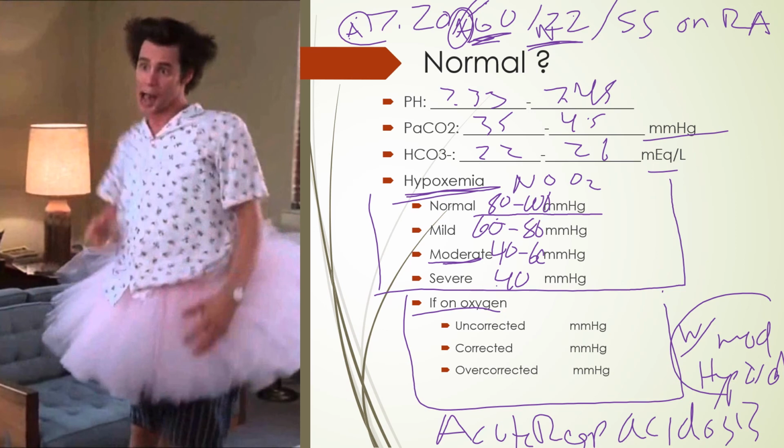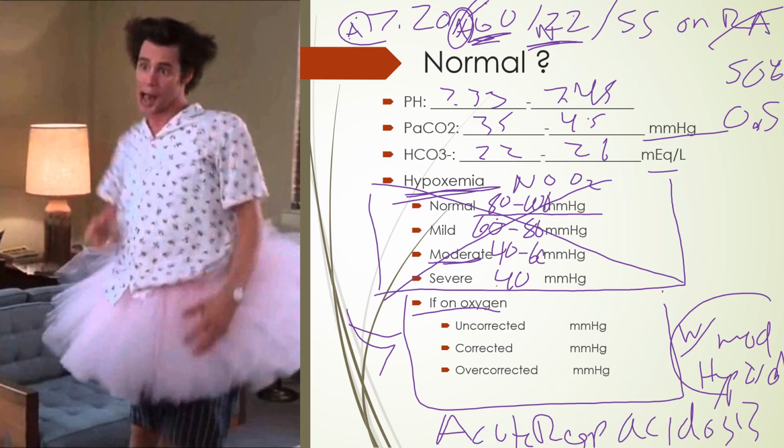Now, what happens here if the patient is on oxygen, right? Let's say they're on 50% or an FiO2 of 0.5, right? Same thing, right? So if they're on 0.5 FiO2 or 50% oxygen, then we are not going to use this mild, moderate, severe category. We're actually going to move to this category. If they're on oxygen, then we're going to look at their PaO2.